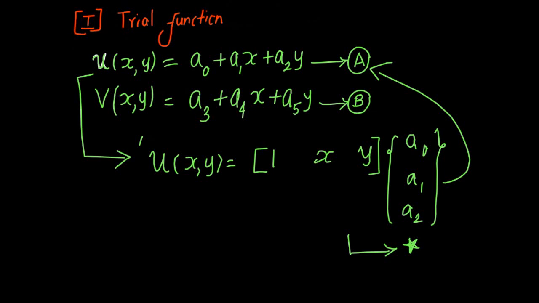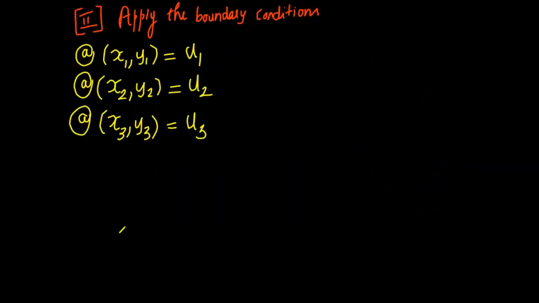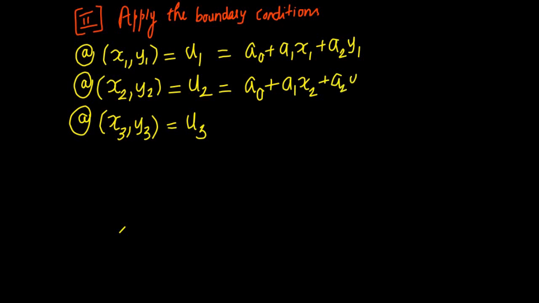Shall we do that? So u1 equals a0 plus a1 x1 plus a2 y1. u2 equals a0 plus a1 x2 plus a2 y2. u3 equals a0 plus a1 x3 plus a2 y3.